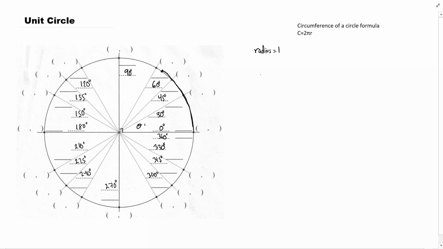Now if I connect this point to the middle of the circle, that gives me theta, an angle equal to 57 point something degrees. I can't remember the rest.